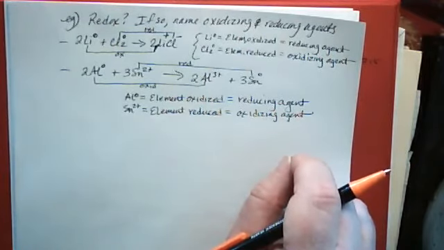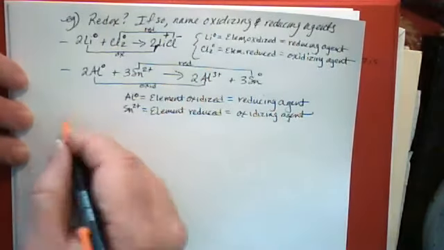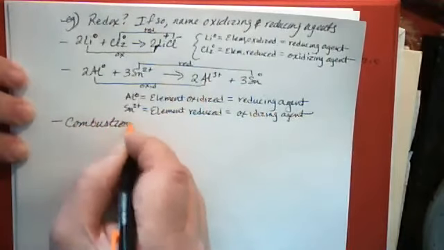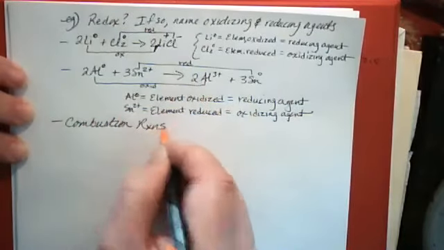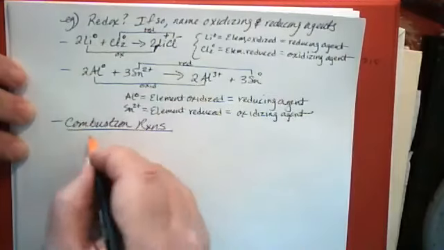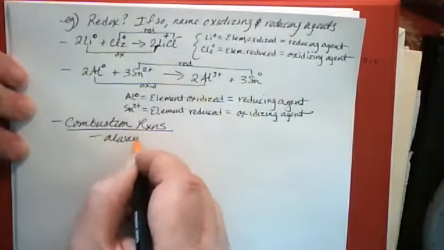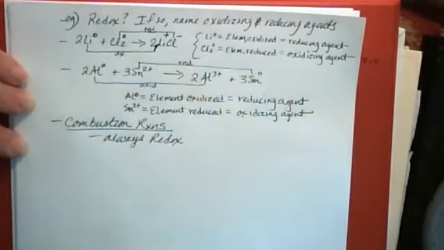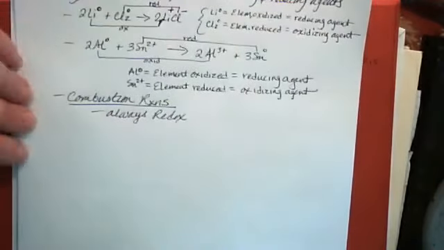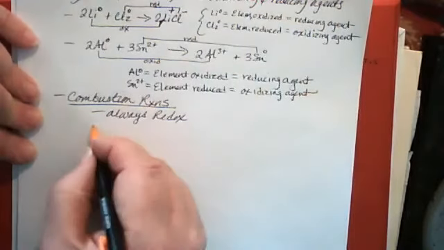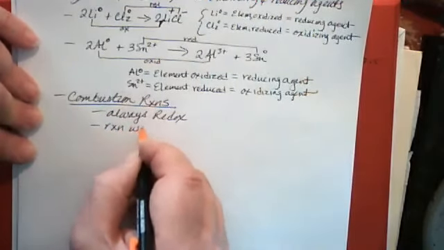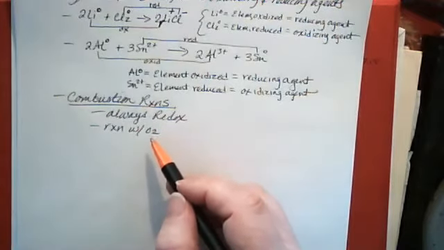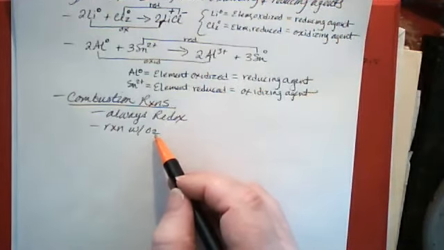Okay, and so on. There's also the example of combustion reactions. As I mentioned before, combustion reactions are always redox reactions. Because, for one thing, combustion is a reaction with oxygen.